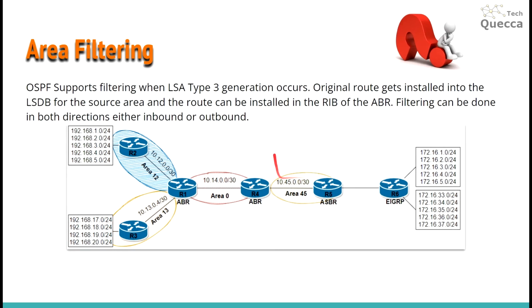For example, on ABR, if I want to do area filtering on ABRs, it can be done inbound from area 0, it can be done outbound for area 12, and outbound for area 13. For example, on ABR R4, I can do it outbound for area 0 and inbound for area 45.